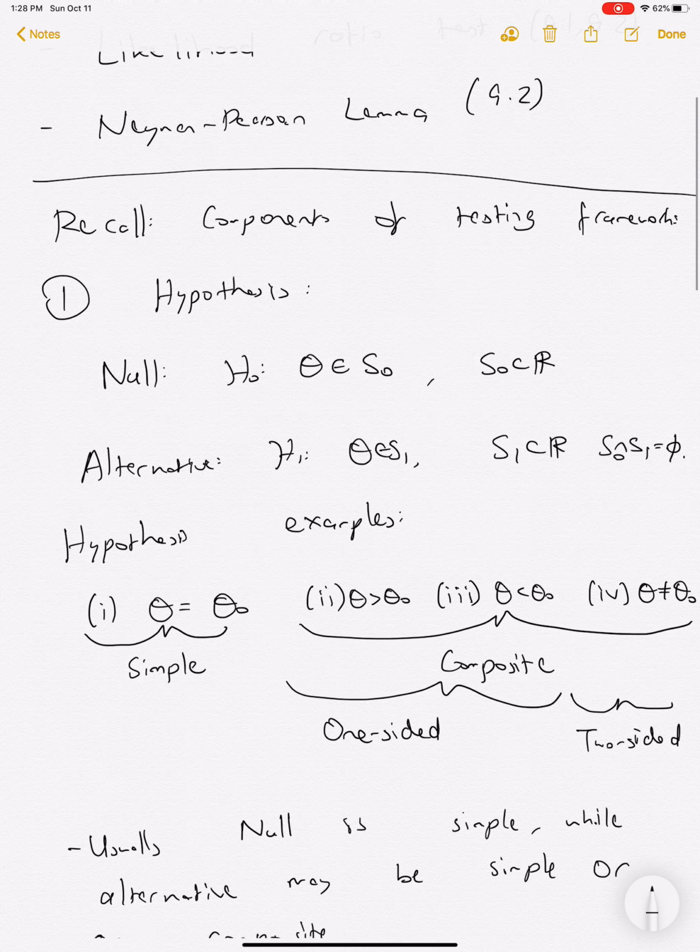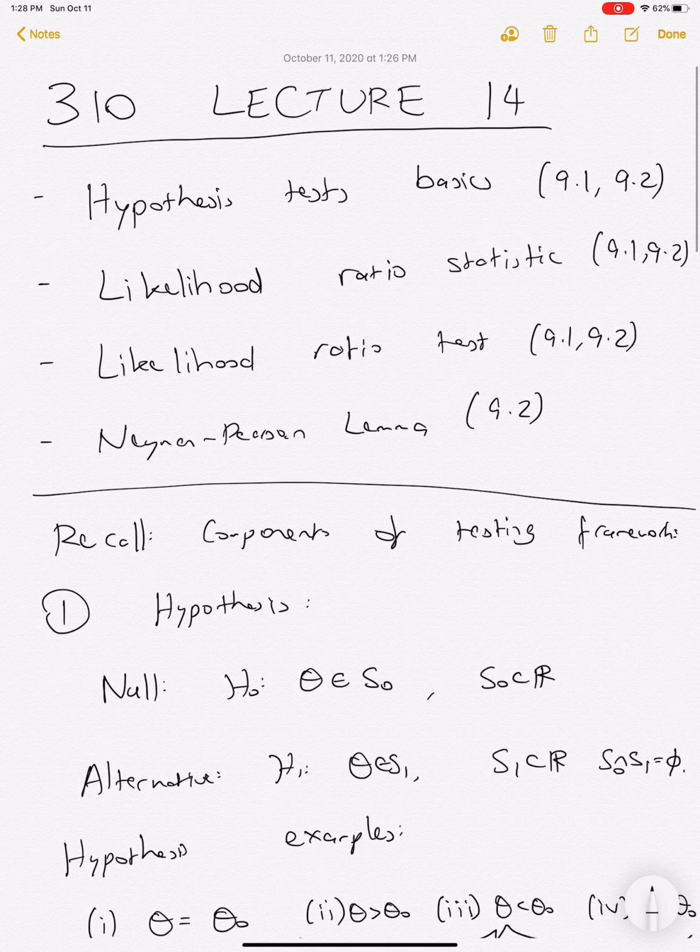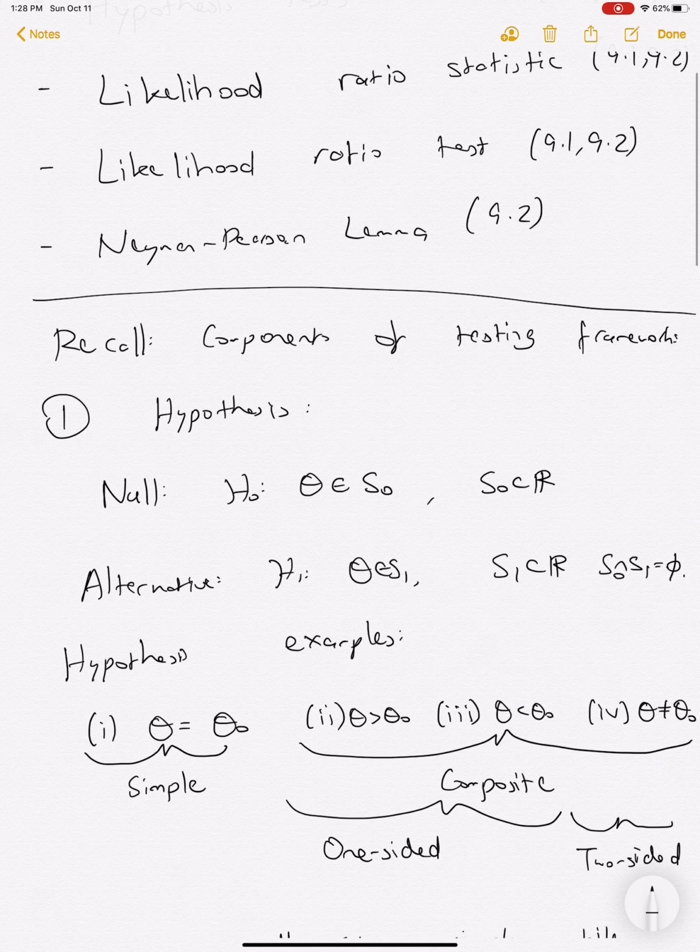So I just wanted to remind everyone of some of the key components and the concepts around hypothesis testing and the framework that we'll be using and developing in this course. So to begin with, the first thing you need is a hypothesis. That's saying that you're trying to test whether a hypothesis is true or not.